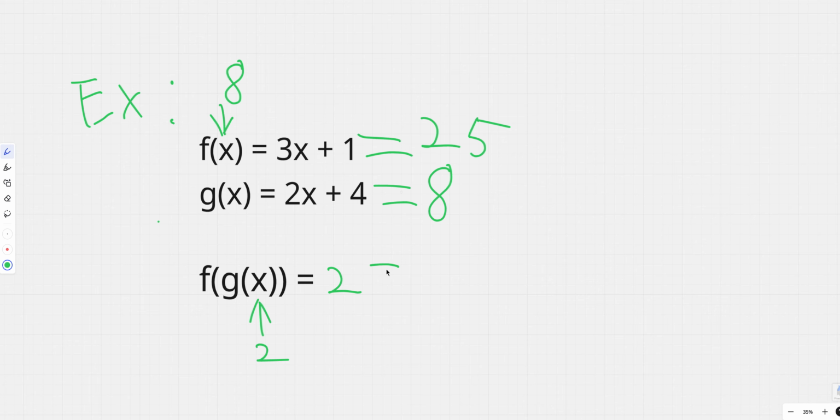So how do we use two functions when we want one input?